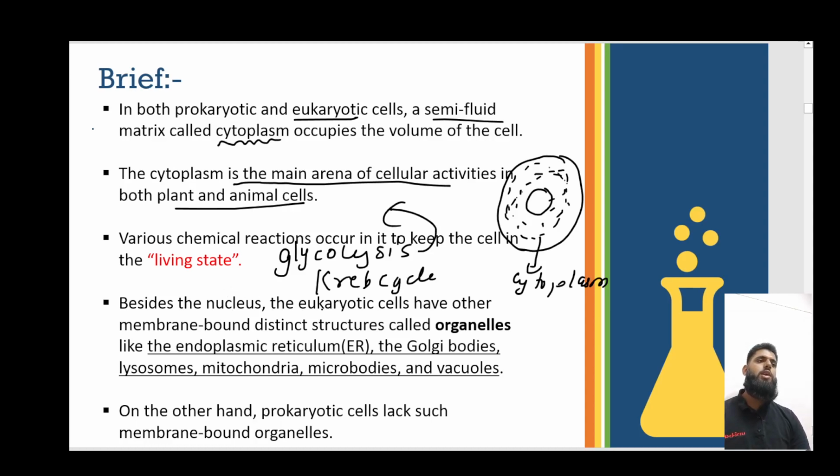Besides the nucleus, eukaryotic cells have other membrane bound distinct structures called organelles. These are present in eukaryotic cells but not in prokaryotic cells. The other organelles are endoplasmic reticulum, ER, Golgi bodies, lysosomes, mitochondria, microbodies and vacuoles. In the next video we will discuss all these topics.